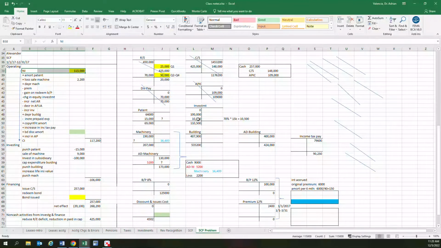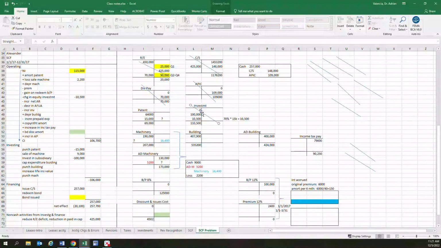So because of that, I'm going to have to subtract it out, and that's what I have here, minus change in equity investment. So I'm going to subtract the minus $10,500. Okay, so that fully explains the investment account. So we can move on to the next item.